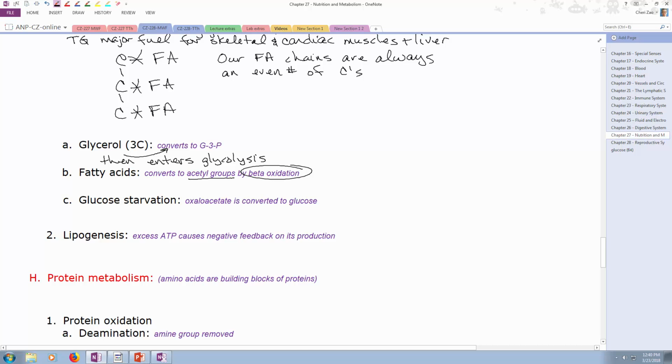So if you have a fatty acid chain that's 20 carbons long, how many acetyl groups will you get? 10, right? 10 times 2 is 20. Okay, so that's an important thing, and you have 3 of those. And where do the acetyl groups go in? Into acetyl coenzyme A, which feeds right on into the TCA or Krebs cycle.